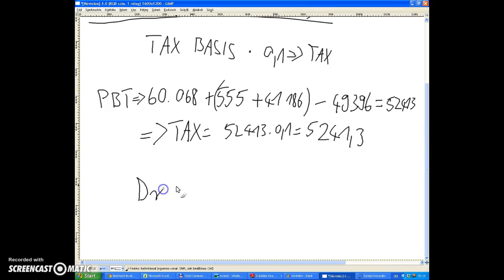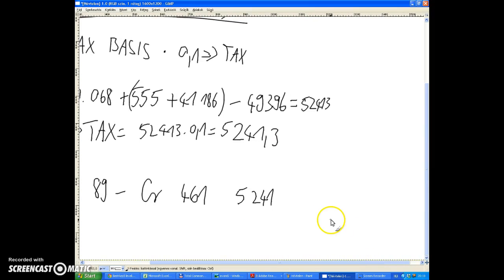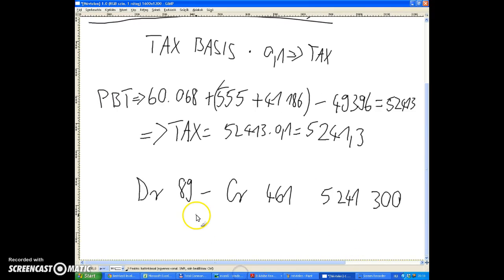So this means that we have to debit 89 cost for income tax, and we have to credit the liability against the government, and the amount is, remember that for the records, for bookkeeping, we have to calculate in forints. So this is how much forint is the corporate income tax.